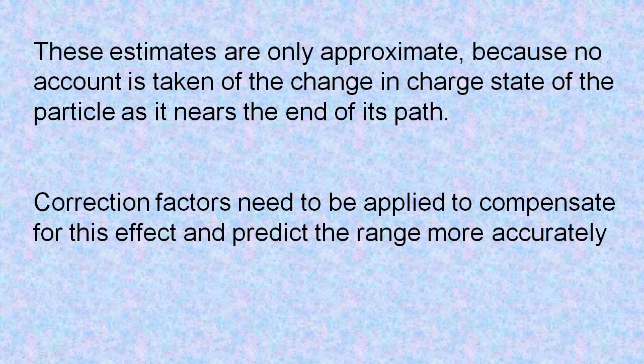These estimates are only approximate because no account is taken of the change in charge state of the particle as it nears the end of its path. We have mentioned that when they come to the end, they pick up electrons. Correction factors need to be applied to compensate for this effect and predict the range more accurately.